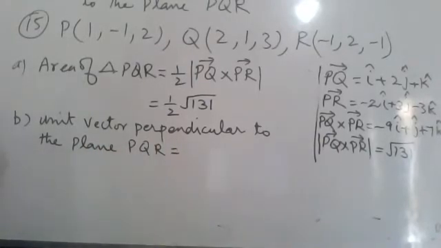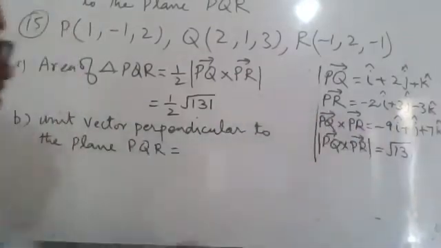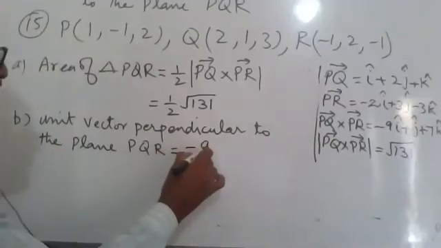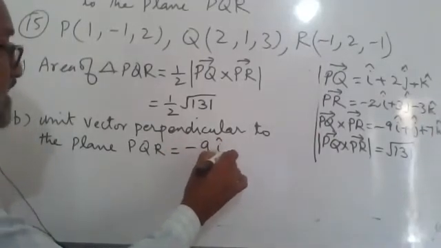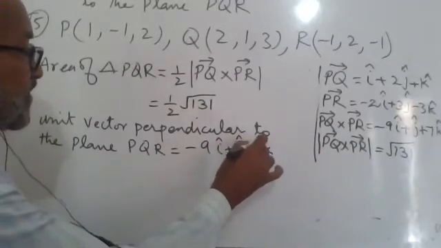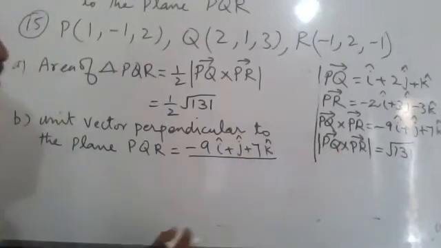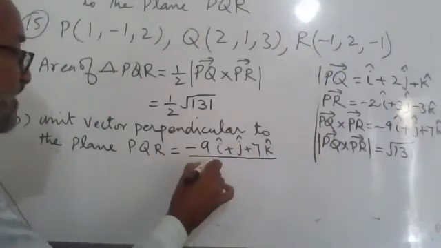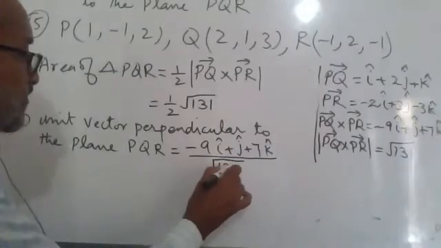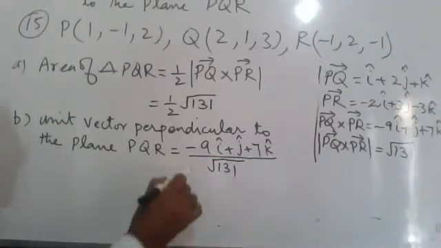This is the vector perpendicular to the plane, minus 9i plus j plus 7k, divided by the magnitude of PQ cross PR, that is under root 131. This is the unit vector. We separate them.